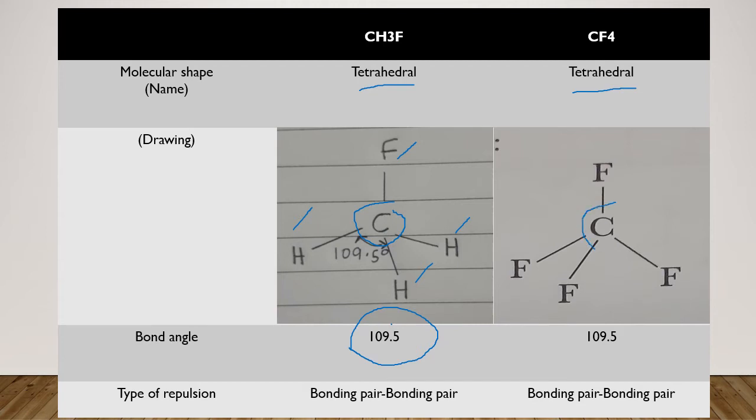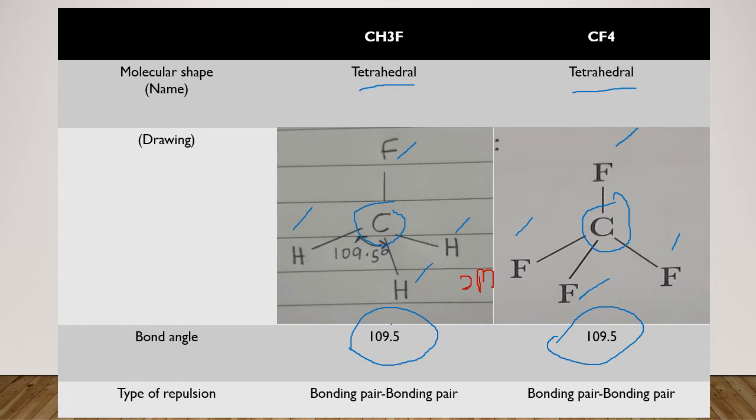The carbon atom is also at the center, followed by the fluorine atoms. And the bond angle for this molecule is also 109.5 degrees. If you answer this part correctly, then you will also get 2 marks.